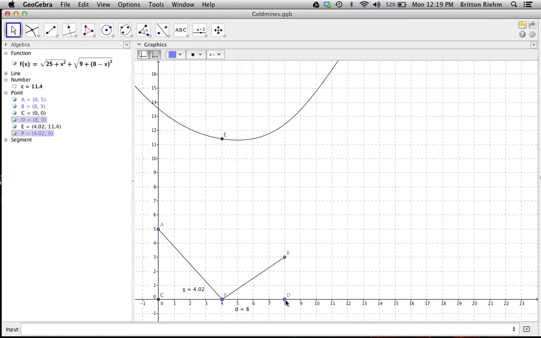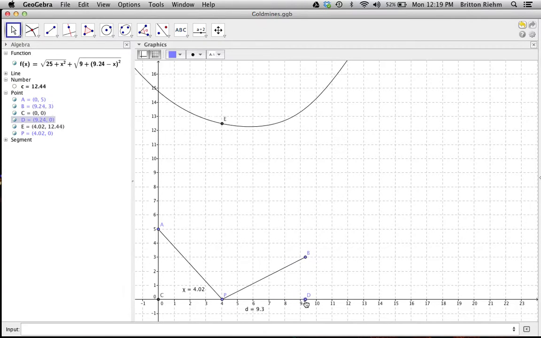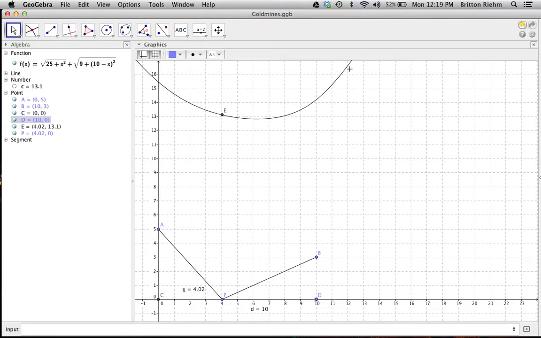Now, the next part of it asks you to consider other lengths of C to D. So I've got this here where I can vary that, and I want you to watch what happens to the graph. As I move D further away from the origin, you can see that the graph moves up. Why does this make sense?